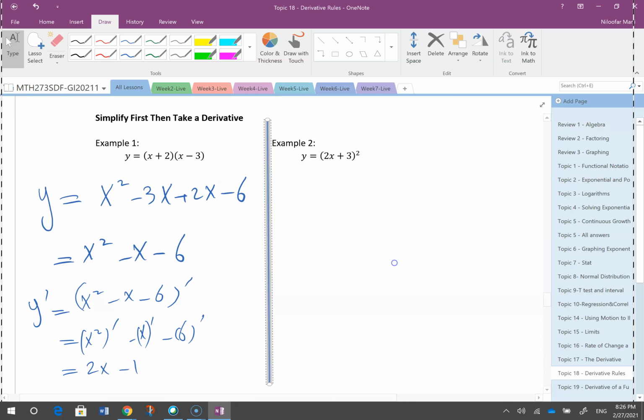How about here? Here I can use Pascal. So it is y equal 4x squared plus 12x plus 9.